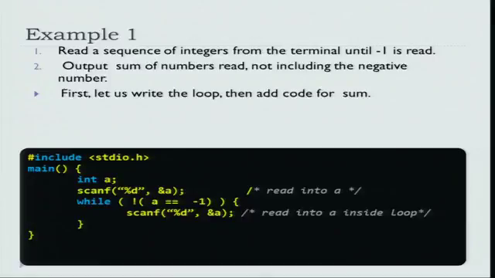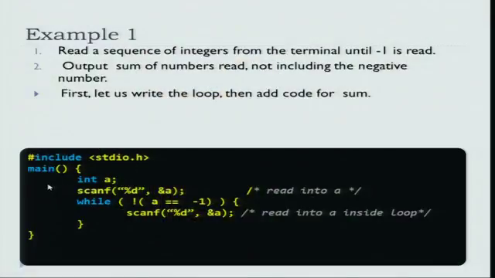Let us first introduce a very simple loop which will do only the basic thing of reading the numbers until a -1 is encountered. So, how do you write the loop? You have stdio.h, and then you declare an integer variable and read the variable. This is supposed to be the first number. If that number is -1, then you do not have to read any more numbers.